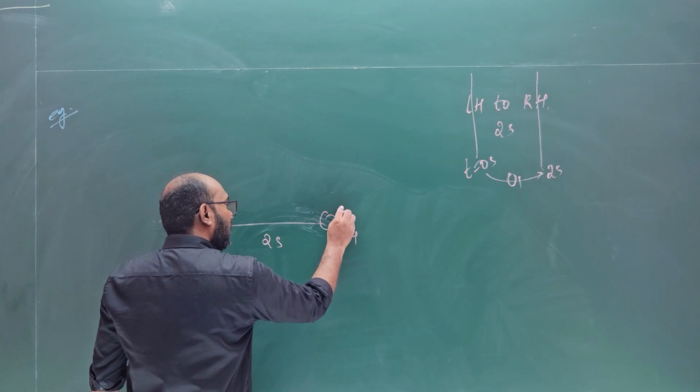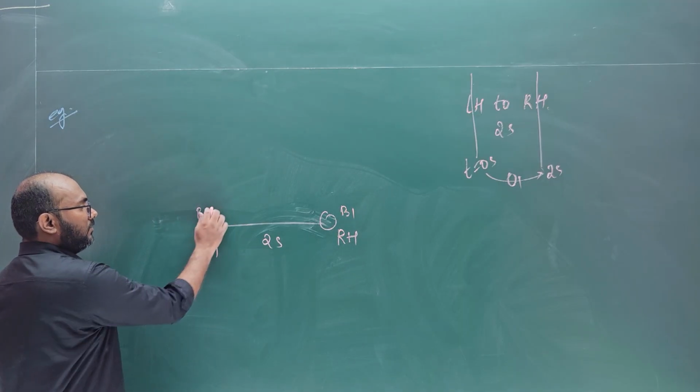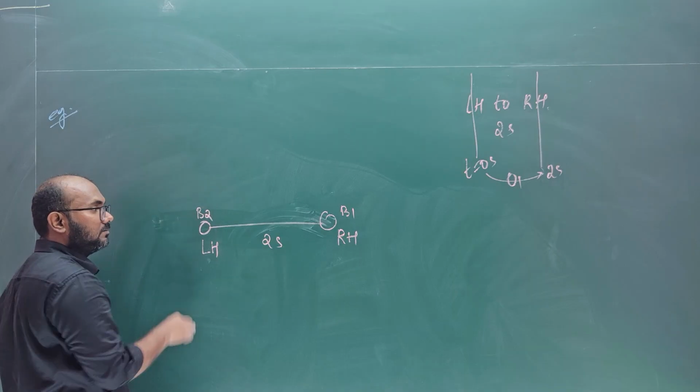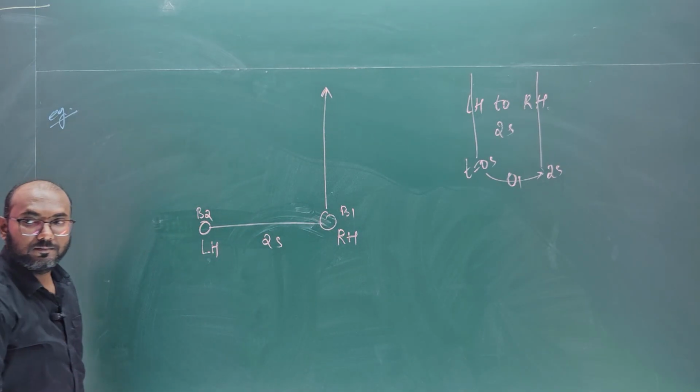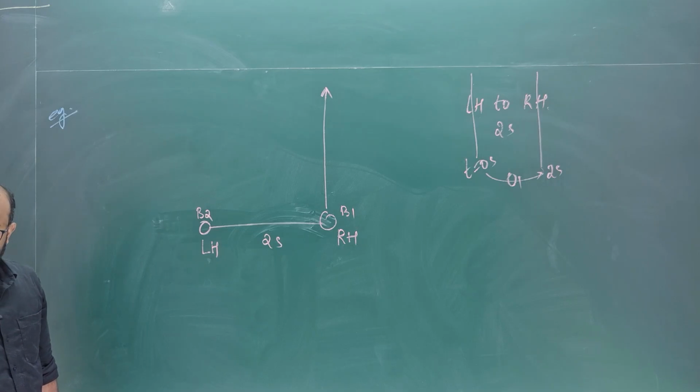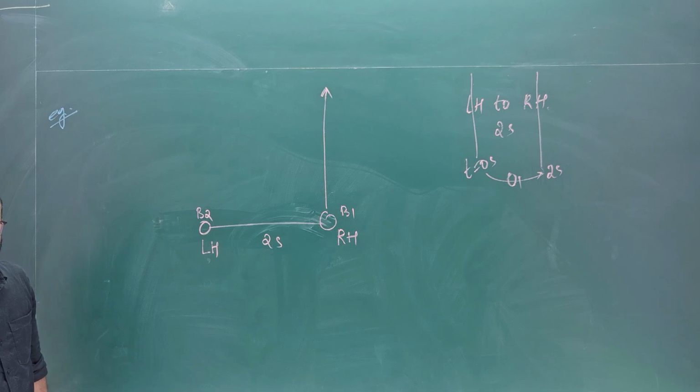Then ball 1 reached here. Now which ball is next? Ball 2. This ball went in the air, thrown in the upward direction. Got my point? What is the total time now? Till now, only 2 seconds.